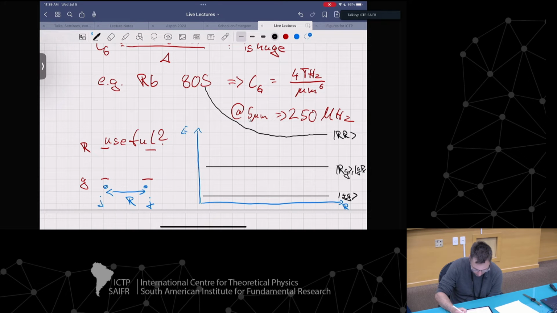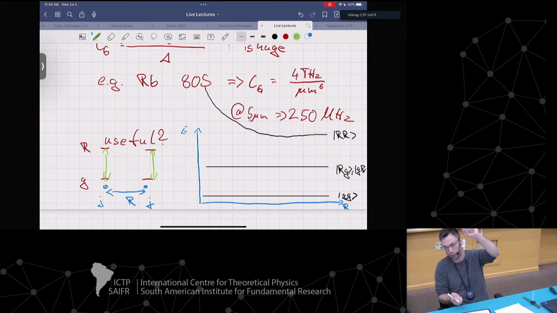And now imagine we are driving this system with a laser or with a light field. So we shine in some light that is on resonance with the ground to Rydberg transition. This light can excite one or the other atom to the Rydberg state with some Rabi frequency omega.